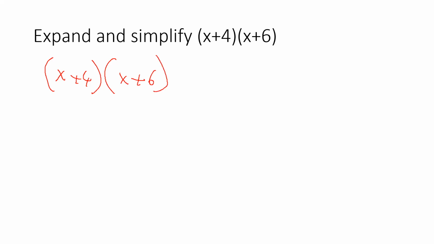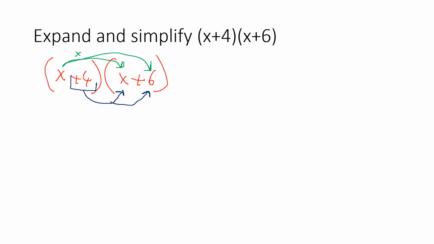What we're going to do is we have an x squared, x times x, excuse me. So we multiply here. And we multiply here. And then we also need to do the same for the plus 4, excuse me. So plus 4 times x and plus 4 times 6.